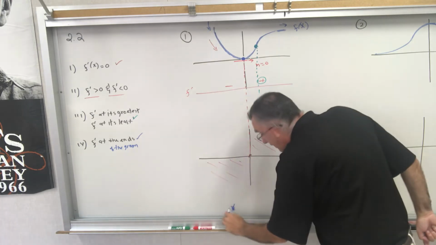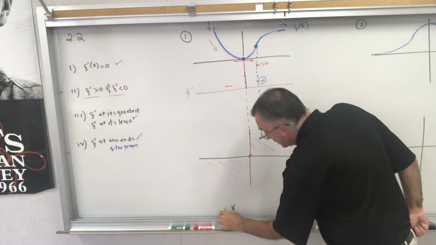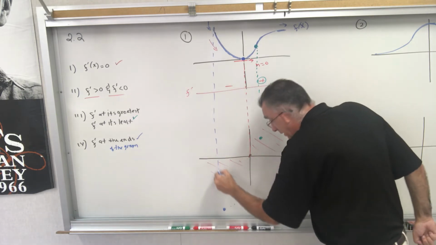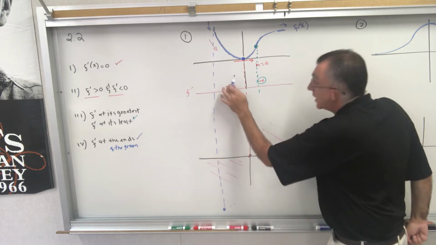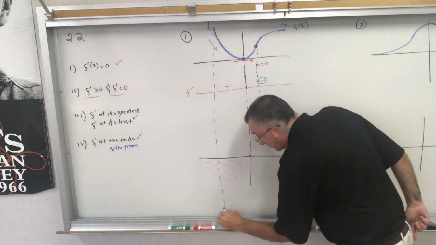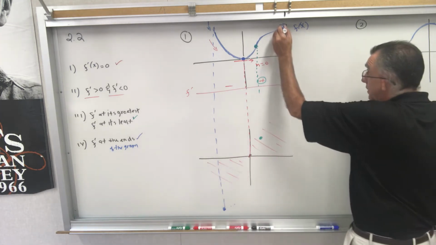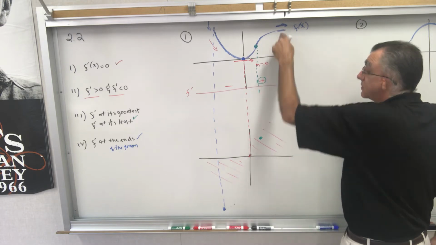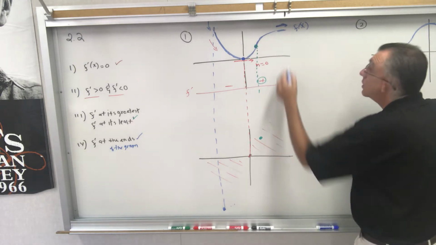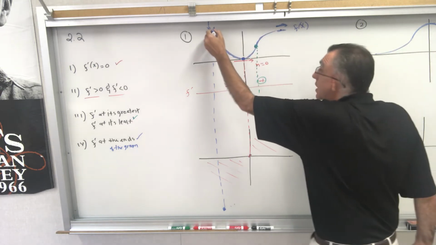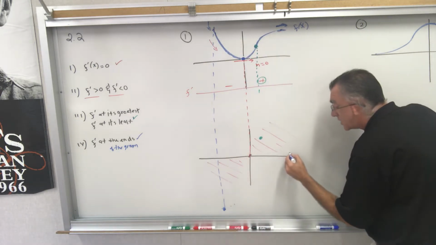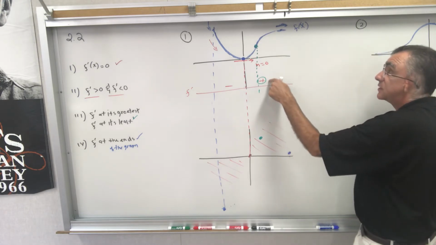That's a big negative number. So when you drop that down here, it's got to be negative. We know that. It's got to be a big negative number. And over here, it's almost 0. But remember, it's positive. So it's not 0. When you drop this point down, it's got to be almost, not quite, 0. It's got to be slightly positive.